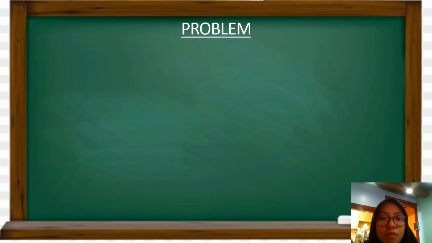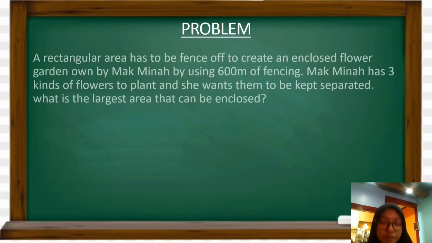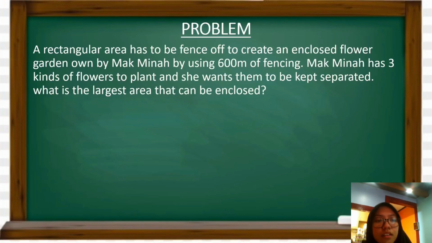So the problem is: a rectangular area has to be fenced off to create an enclosed flower garden owned by MAT183 by using 600 meters of fencing. So from this first sentence, we can imagine that there is a rectangular area.